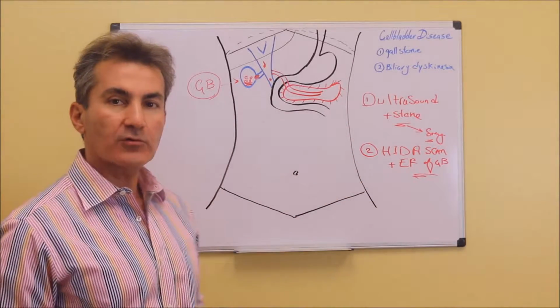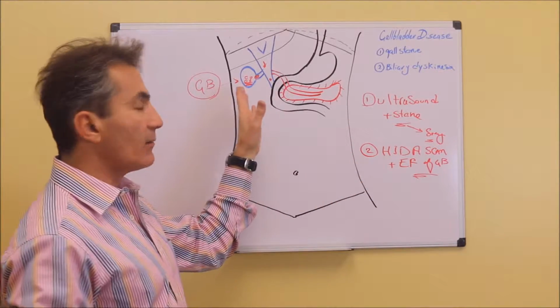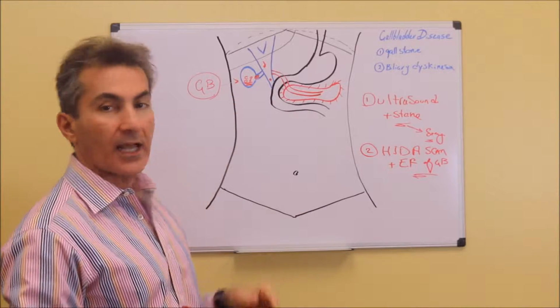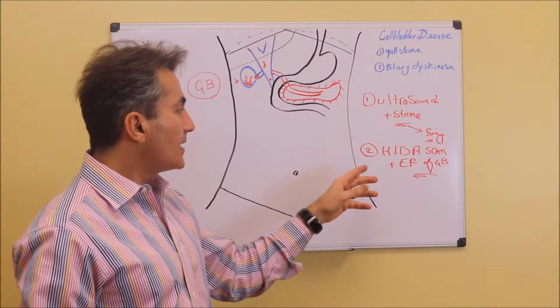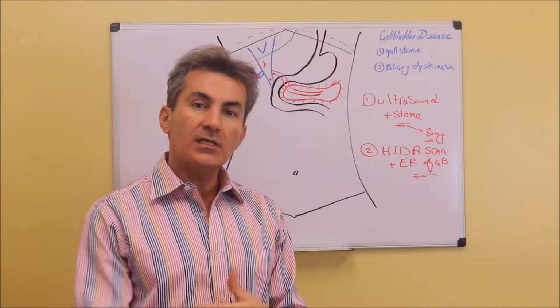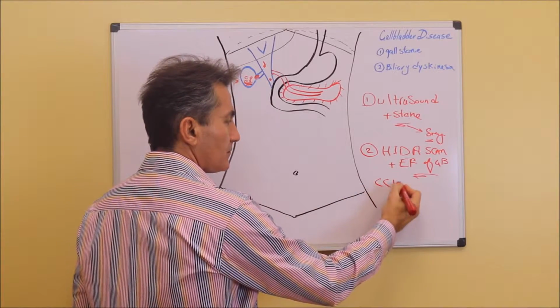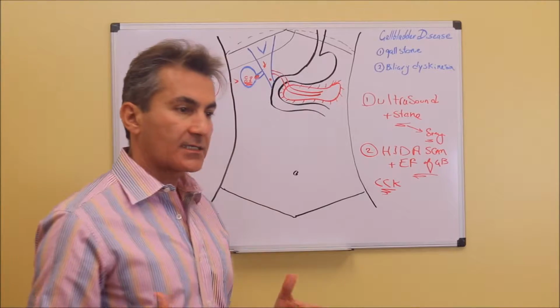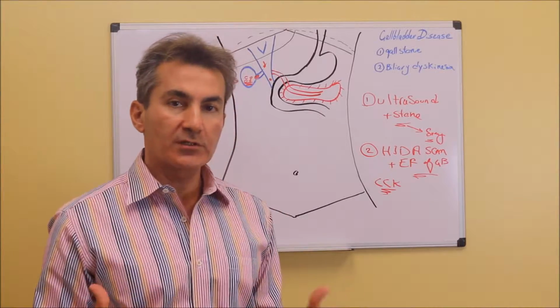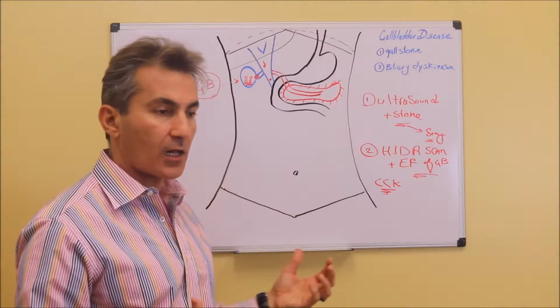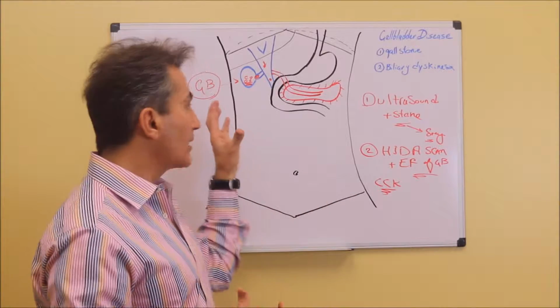Now, after probably around 20 or 30 minutes, when the gallbladder is shown in that HIDA scan, the radiologist gives the patient a hormone called CCK, which is exactly the hormone that you and I produce for contraction of the gallbladder, and that contracts the gallbladder.